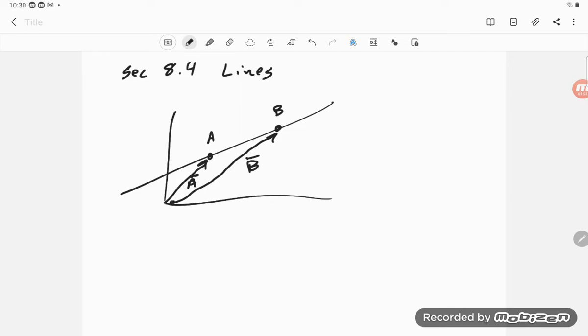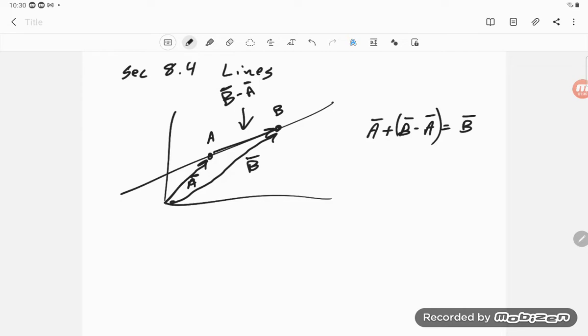Notice along this line, it really doesn't matter which one of these two vectors I use, but if I look at this vector here, well, I took A plus something and got B. Well, A plus B minus A is equal to B. This is the vector B minus A.